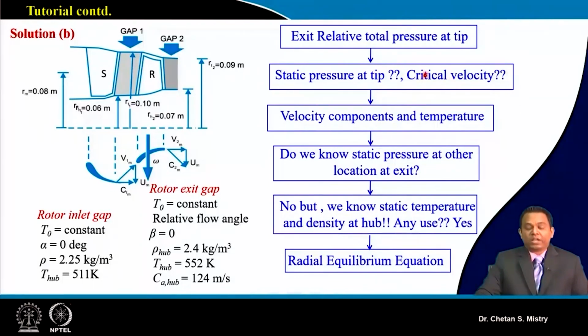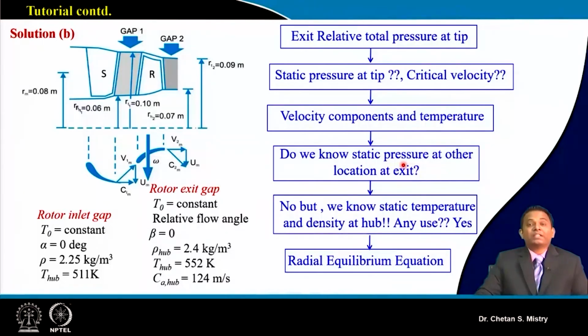Now the critical velocity you can calculate based on the temperature and different velocity components. So that can be done. Means we need to work with this; we are looking for these parameters to be calculated. Next, do we know the static pressure at some other location at the exit?